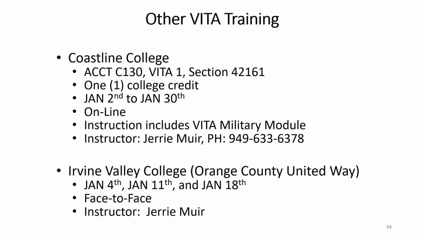This is through Coastline College, and if you sign up for it, then you'll be getting a college credit, which means you have to pay for a college credit, which I think is about $46. And we do also talk about the military module in this training. The military module deals with active duty military and reserve component folks, and also Schedule E.